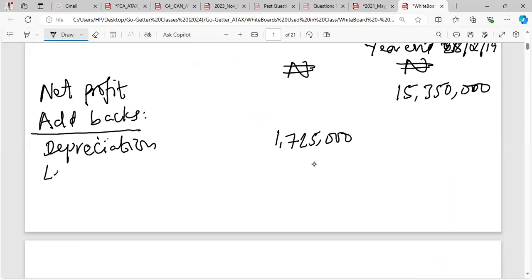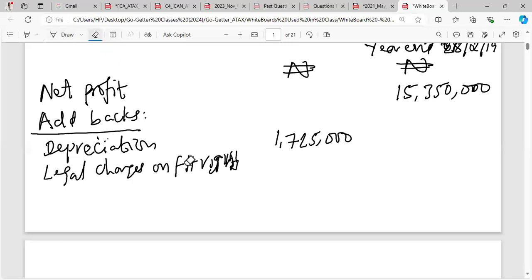We'll say legal charges on freehold rights, 1,500,000.